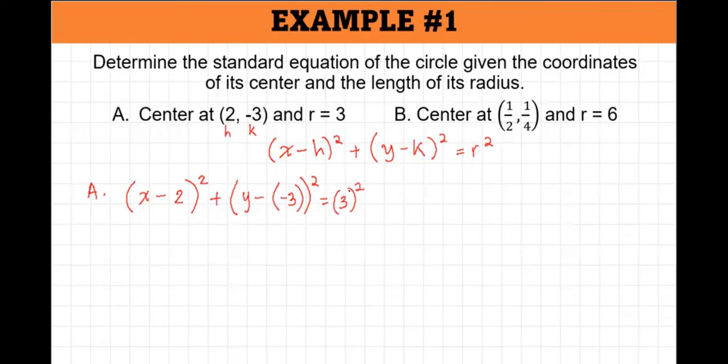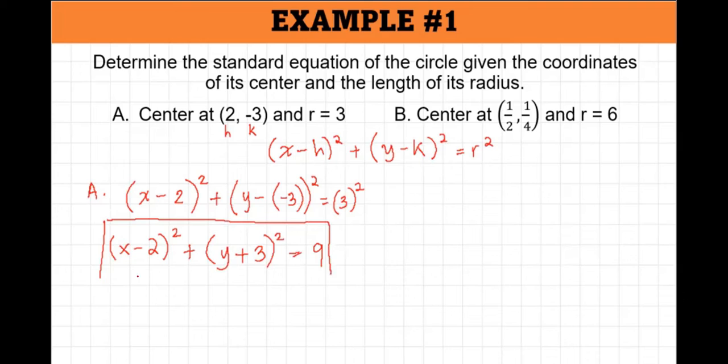And then, simplify. So this is simply going to be x minus 2 squared plus y plus, kasi negative and then another negative, so it will become positive, squared equal to 3 times 3, that would be 9. So, ito na daw ang standard equation. Since you're looking for the standard equation, there you have it.